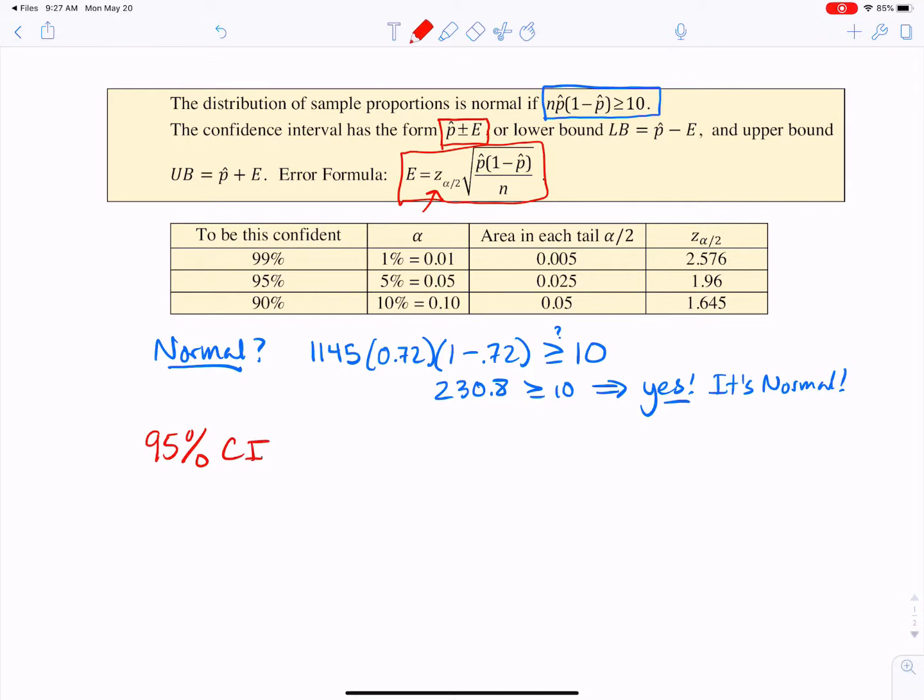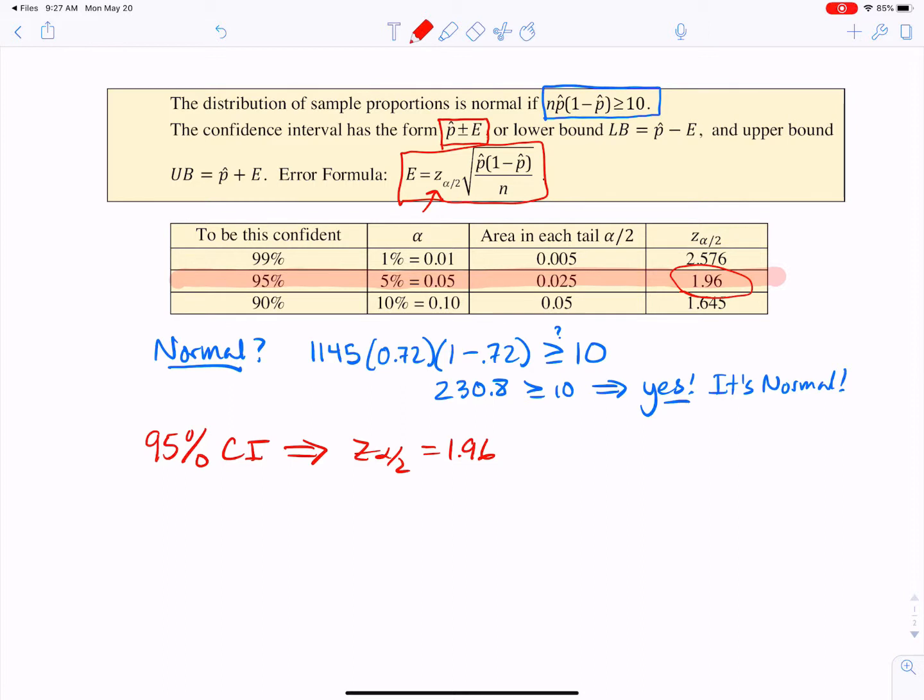And we can find that right over here. To be 95% confident, the z alpha over 2 we're going to use is 1.96. So z alpha over 2 equals 1.96.